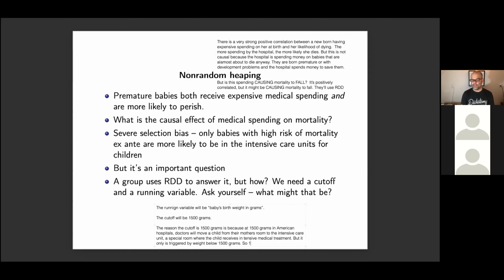So 1,500 grams is the cutoff, and birth weight is the running variable.